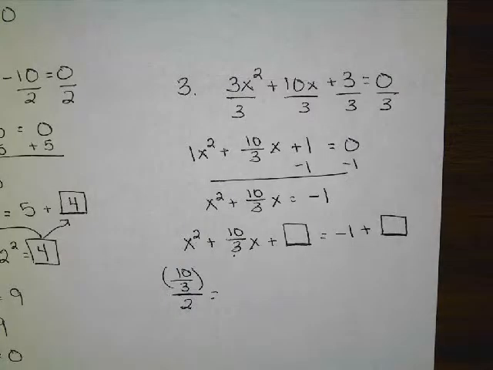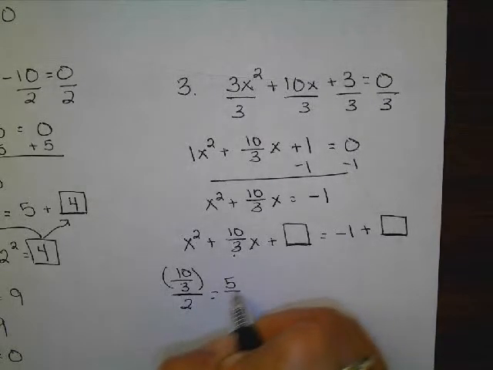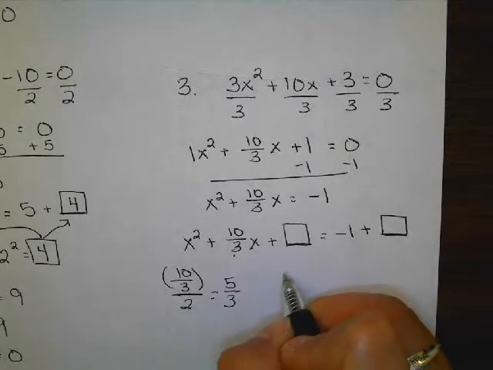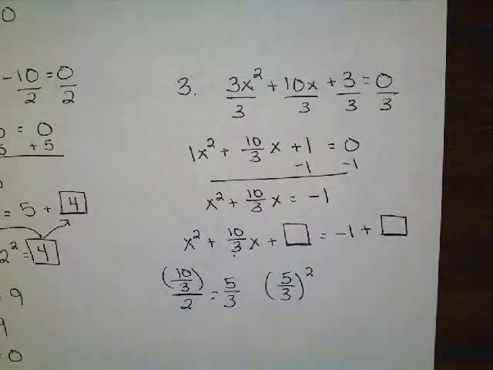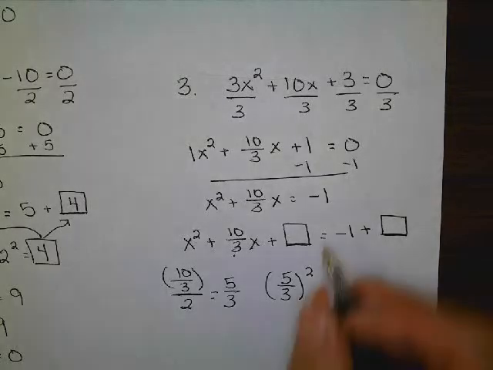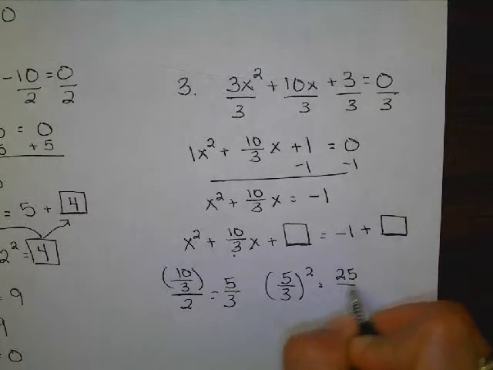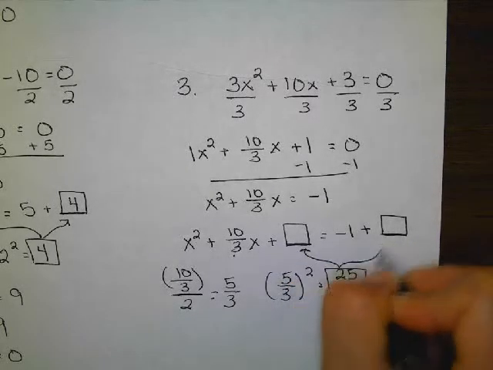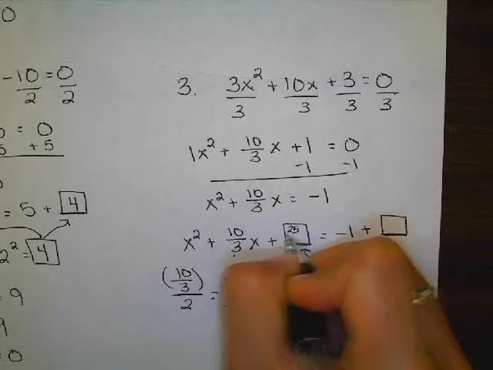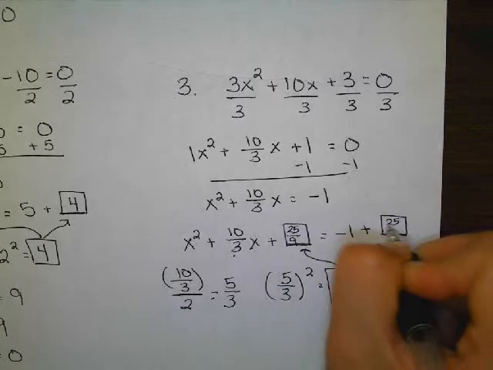If you use your calculator, be sure that you put 10 over 3 in parentheses. Divide that by 2, that turns into 5 over 3. And then of course we want to square that. Notice again how I use parentheses. So that's going to give me 25 over 9. So those are the numbers I'm going to add to the boxes here, 25 over 9.